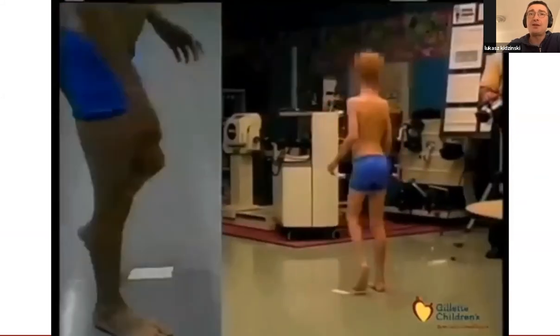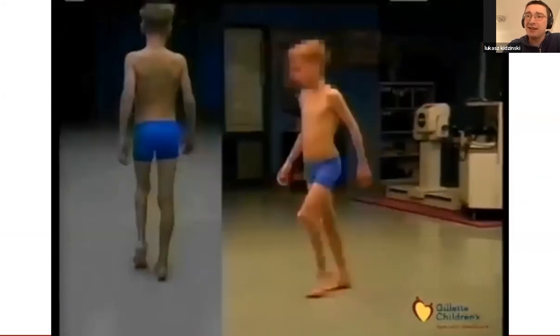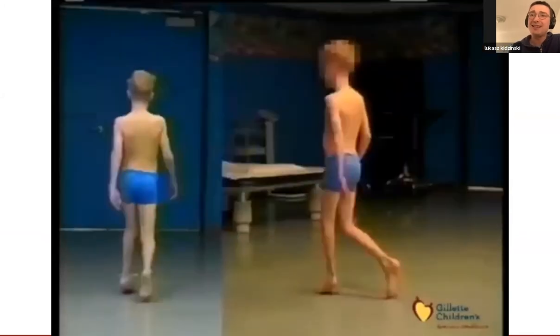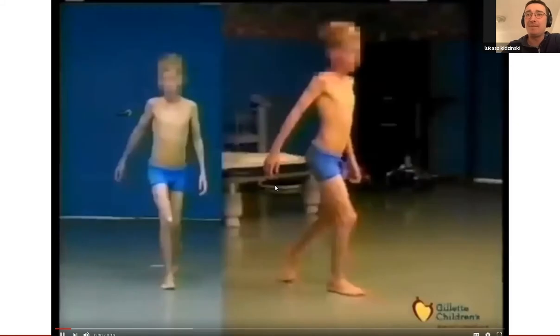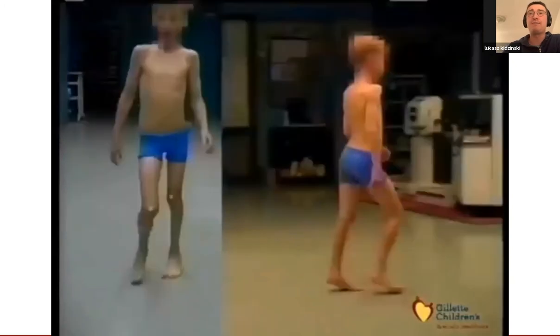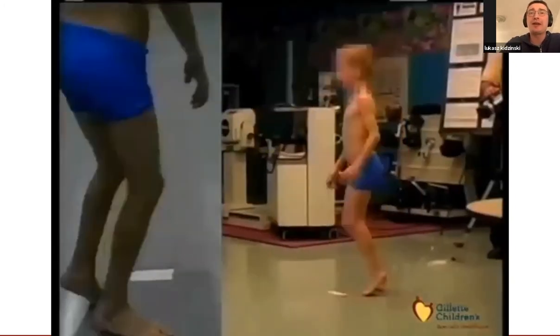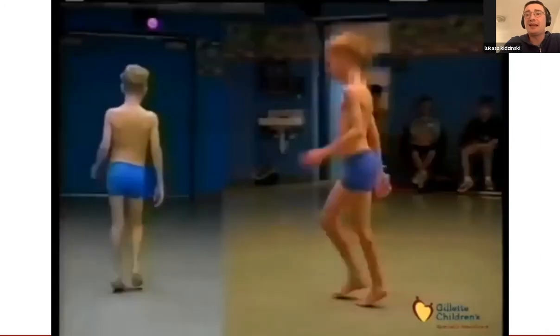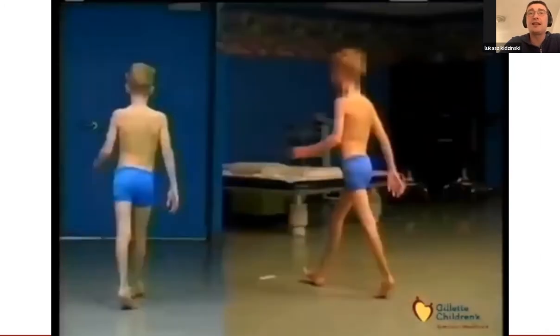As you can see here, I see it on my other screen that it is a kind of low frames per second display, but the problem that those children have is that, as I was saying, the bones are growing abnormally, and they tend to have stiff muscles.